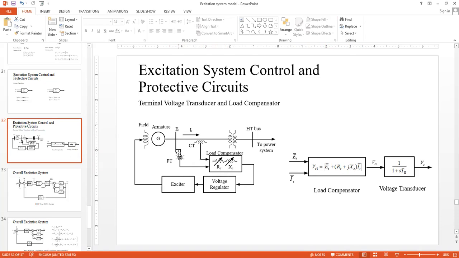So ET is this voltage, and whatever drop is there due to the flow of IT through this load compensator block would come up in the VC1 output. Then if you use the voltage transducer with gain 1 and time constant TR, this is the final output of the load compensator block, and that VC would be fed to the voltage regulator.